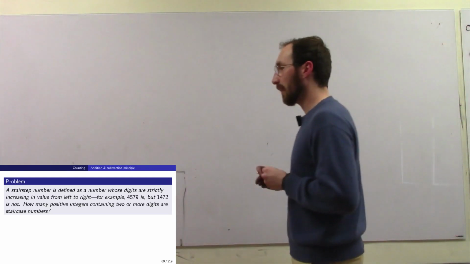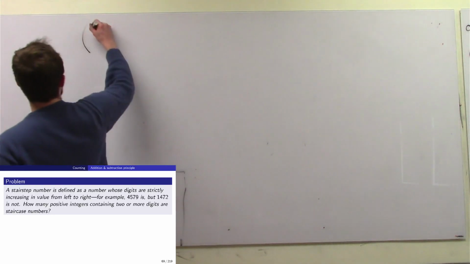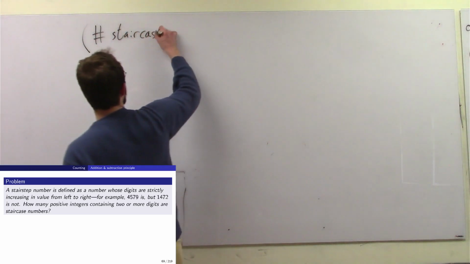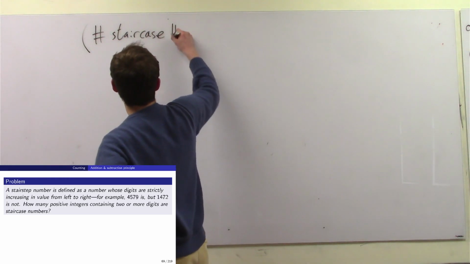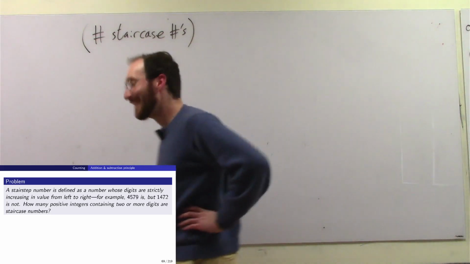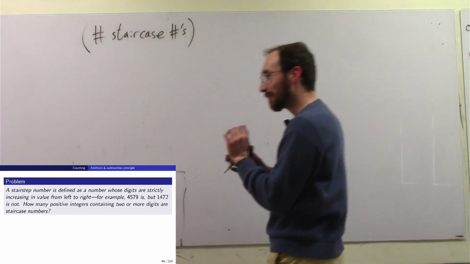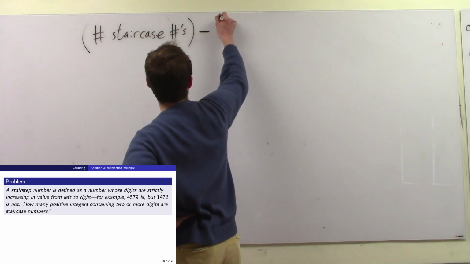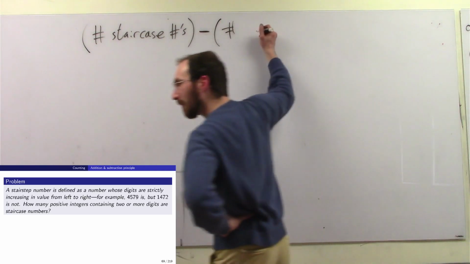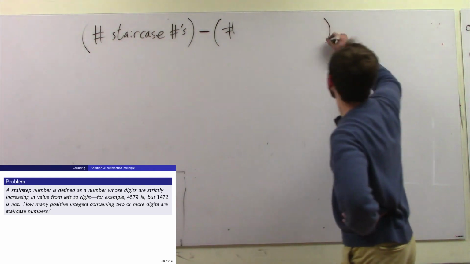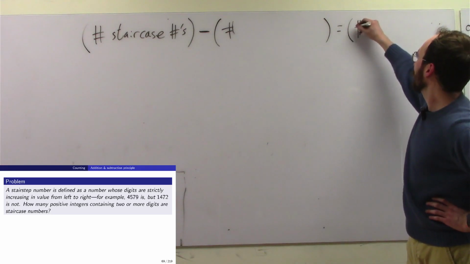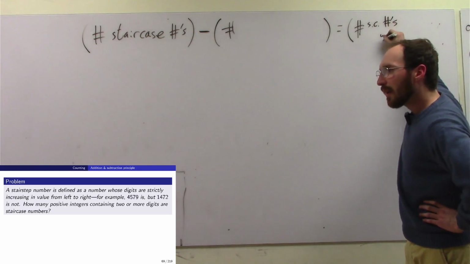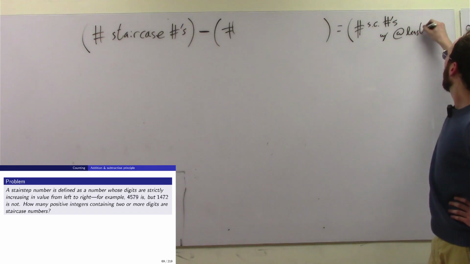Okay, so how are we going to do this? What I'm really looking for is the number of staircase numbers with at least 2 digits.